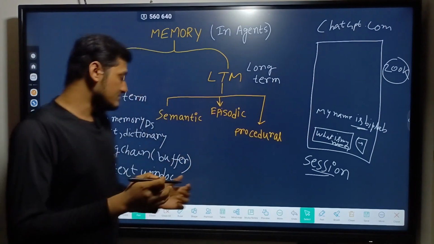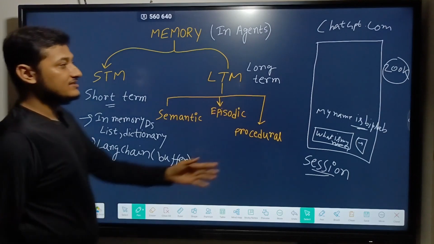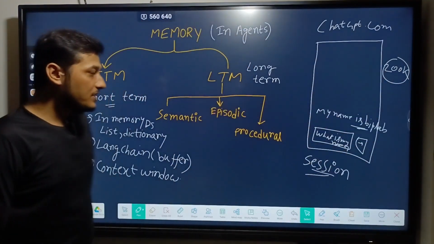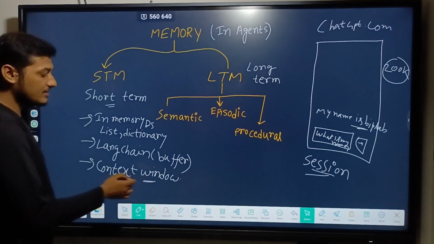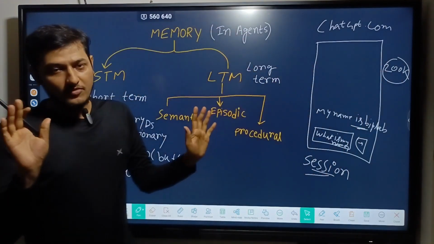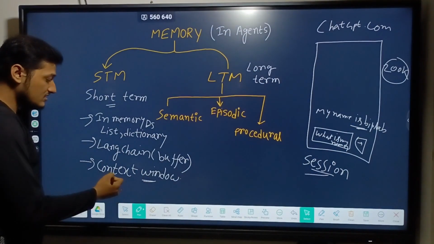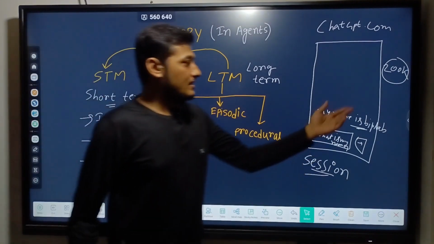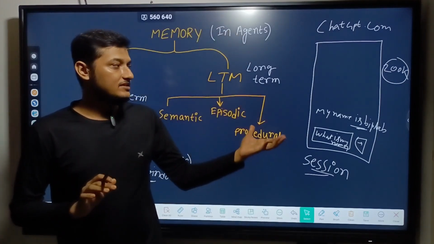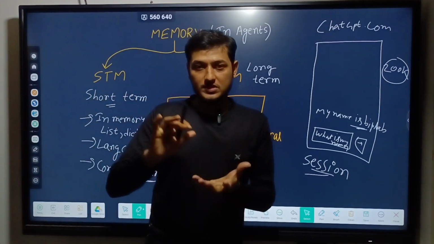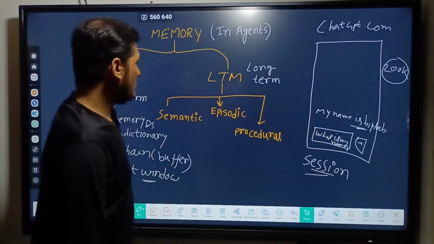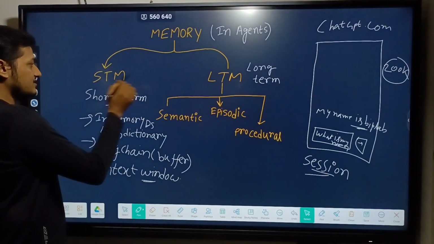What is that? This is due to the context window limit. This is 200k. Most of the models and companies use this technique, the context window, where you can define how much capacity you can take to store the previous conversation. This is the concept of short-term memory, STM.